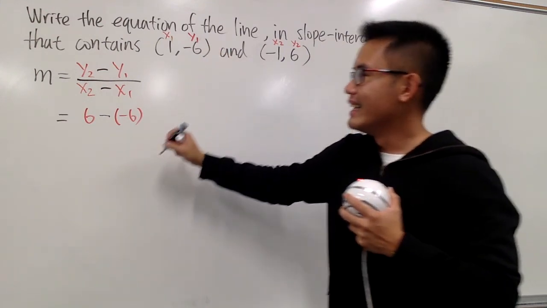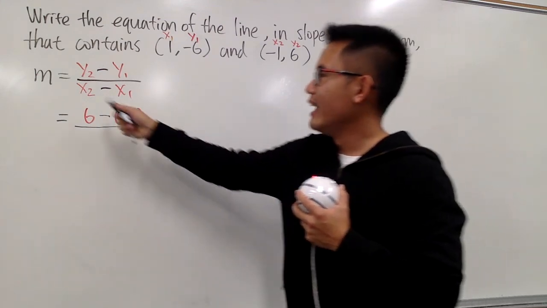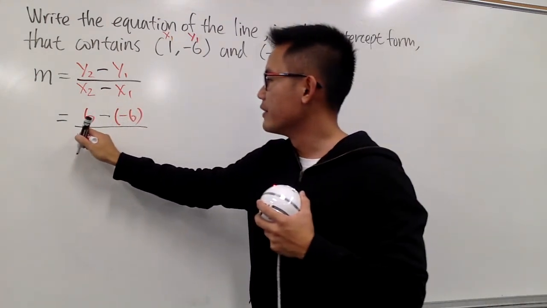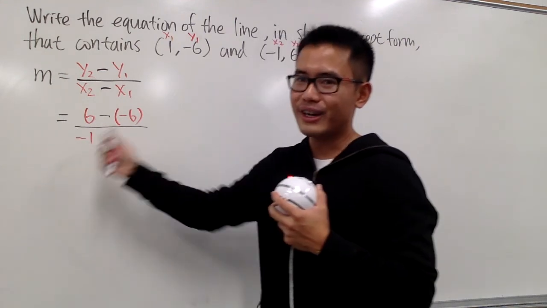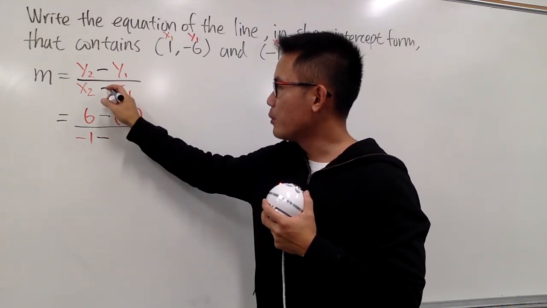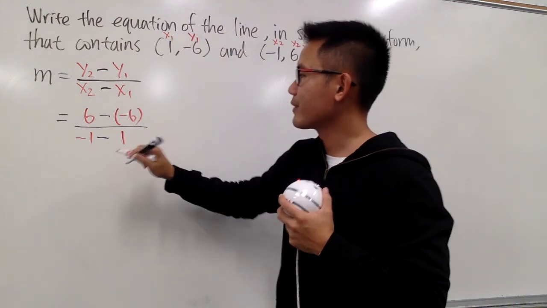And then divided by, this is the fraction bar, x2 is -1, so put down -1. Since there's nothing in front, I don't need parentheses. And then we continue, bring down the minus from the formula, and then x1 is this one right here.